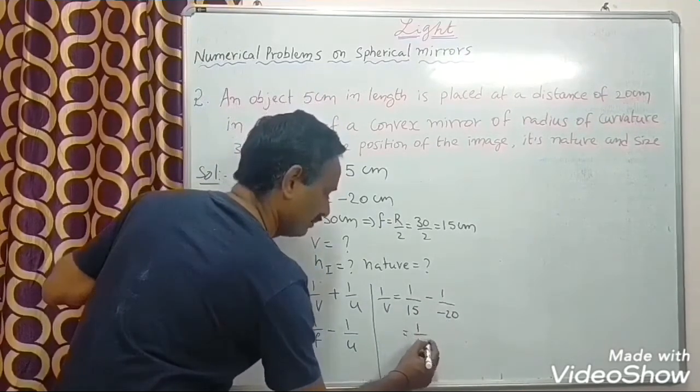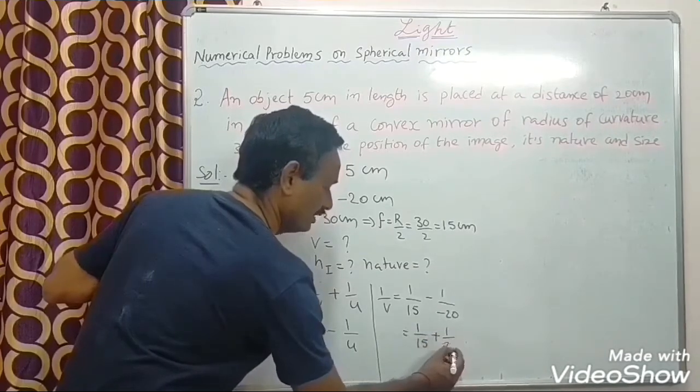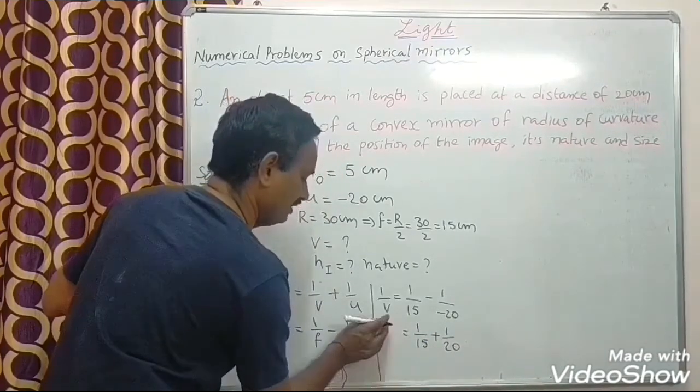So we get 1 by 15 plus 1 by 20, that is 1 by v.